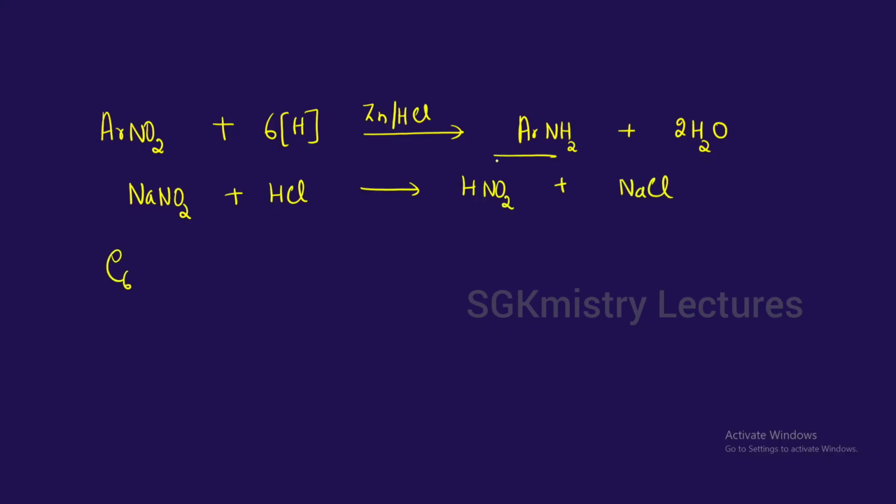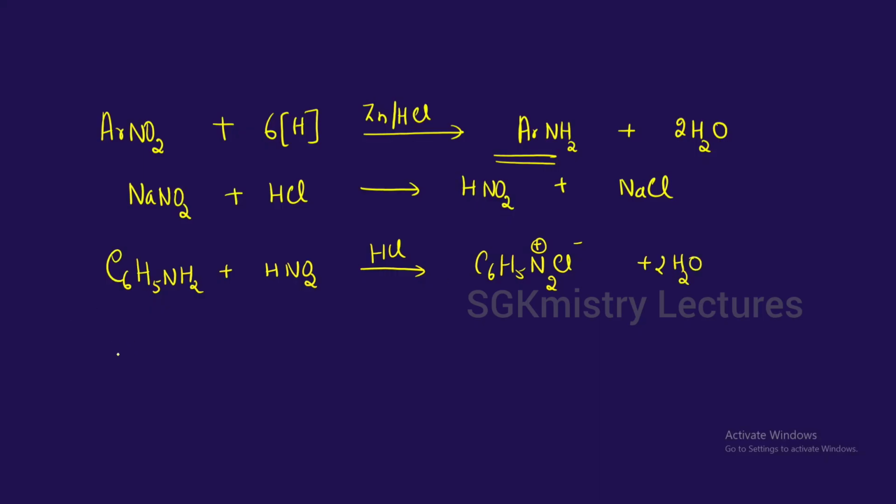Now we know that here aniline is obtained. So C6H5NH2 plus HNO2, in the presence of HCl, you're going to get C6H5N2+ Cl-. Along with that, H2O is removed.